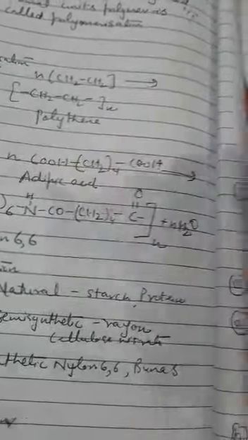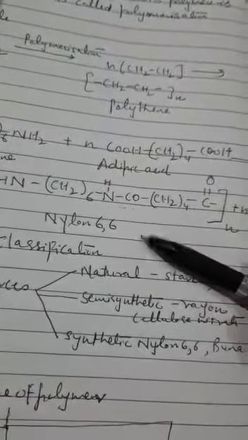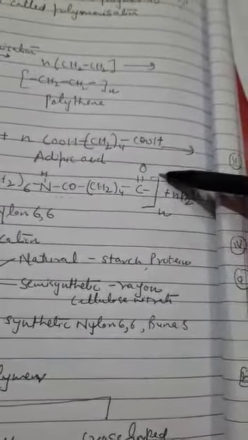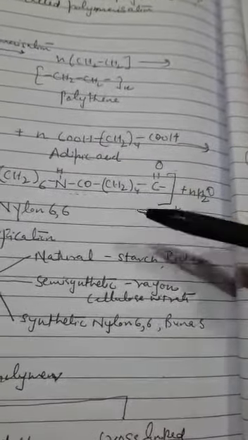It is known as nylon 6,6 because hexamethylene diamine contains 6 carbons and adipic acid also contains 6 carbons.